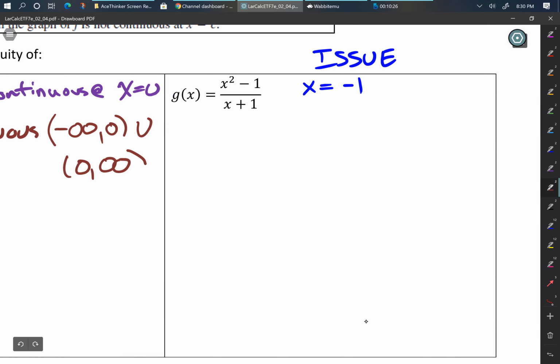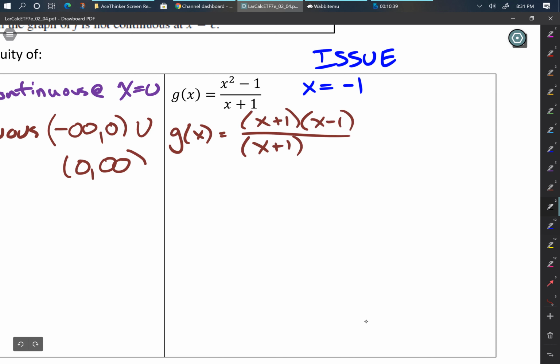And if I think about all that work I did back there in the last section, what is this? Okay. That is a hole in the graph, which means that if I were to make a quick sketch of this thing, the graph of this is going to look like this.